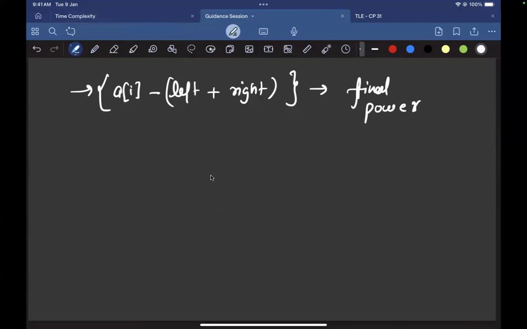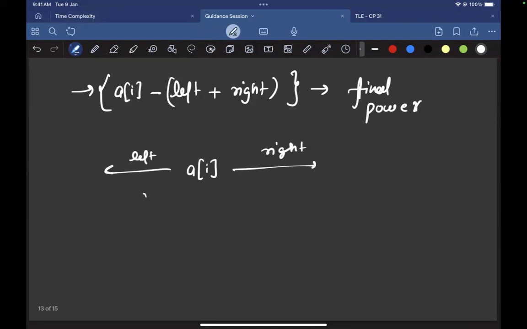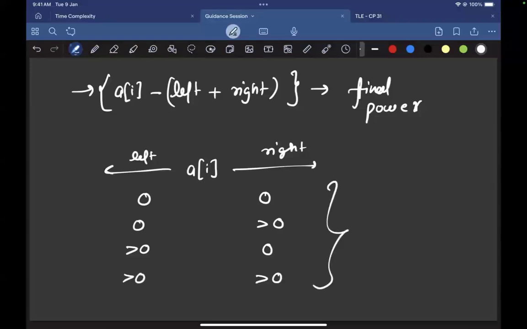Yes. I can say that standing at some AI element, I will calculate the right half, I will calculate the left half. Let's say this is 0, this is 0, or this is 0, this is some number greater than 0, or this is 0, this is some number greater than 0, or both are greater than 0. Any of these cases that happen, it doesn't matter, because I want this location to stand at the very end.